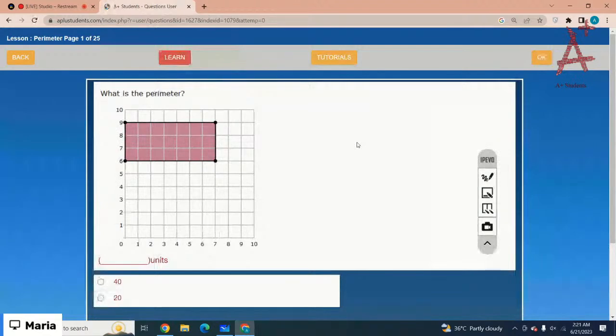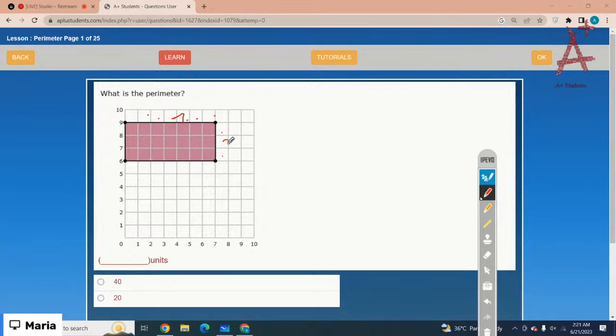Okay, what is the perimeter? Let's just calculate the side lengths. 1, 2, 3, 4, 5, 6, 7. That is 7. 1, 2, 3. That would also be 7 and this is 3. Got it?